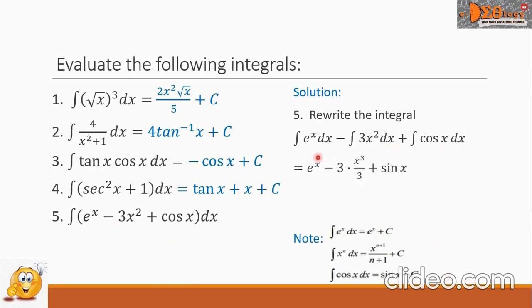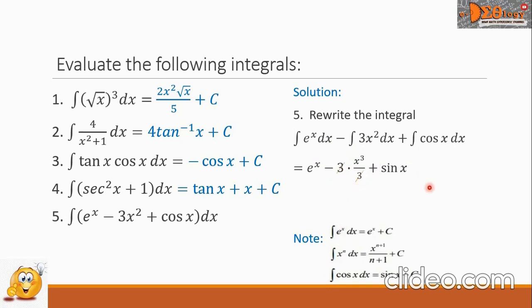So the integral of e^x dx is simply e^x, minus the constant 3 times x cubed over 3, plus the integral of cosine x, which is sine x. We can simplify this part by cancelling the 3 and the denominator 3.